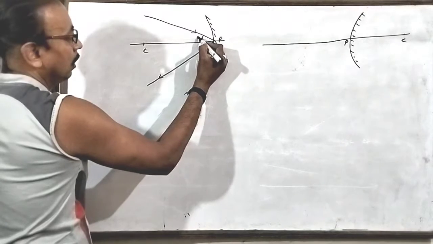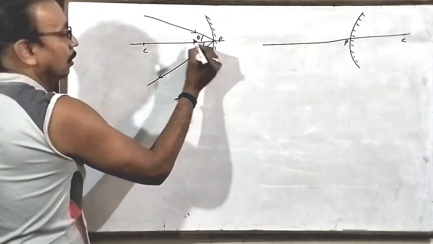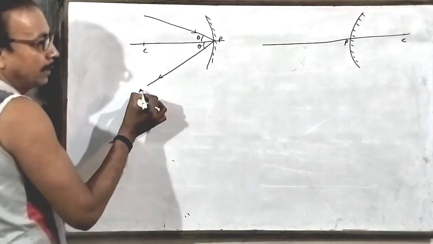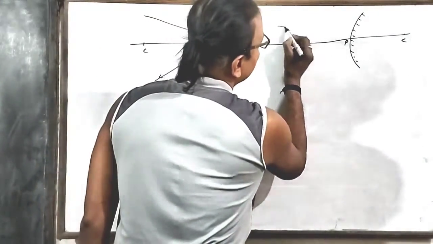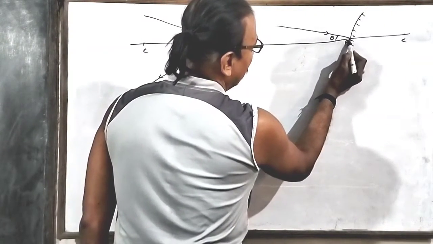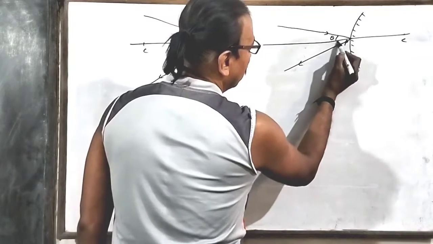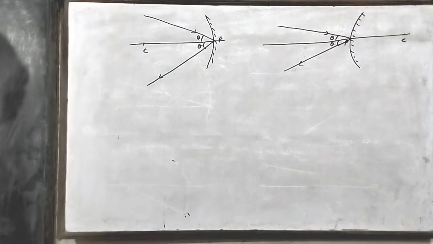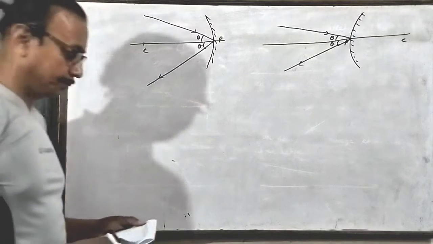This angle theta and this angle theta, the angle of incidence and angle of reflection, are equal. Similarly for this mirror, at the pole making some angle theta, it will reflect making the same angle theta with the principal axis.